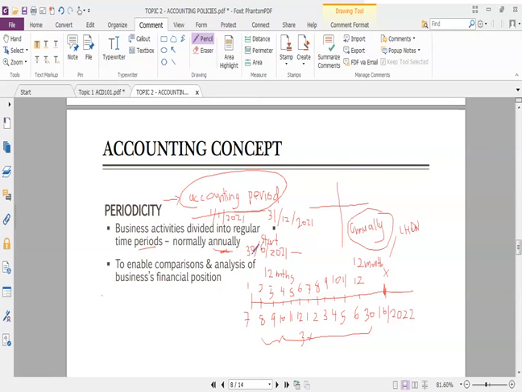If you start the business on 30th June, the year end is on 30th June 2022. That is the accounting period. It means that in those 12 months, the transactions occur for your business. So you just record in that time only, not more than that or less than that.